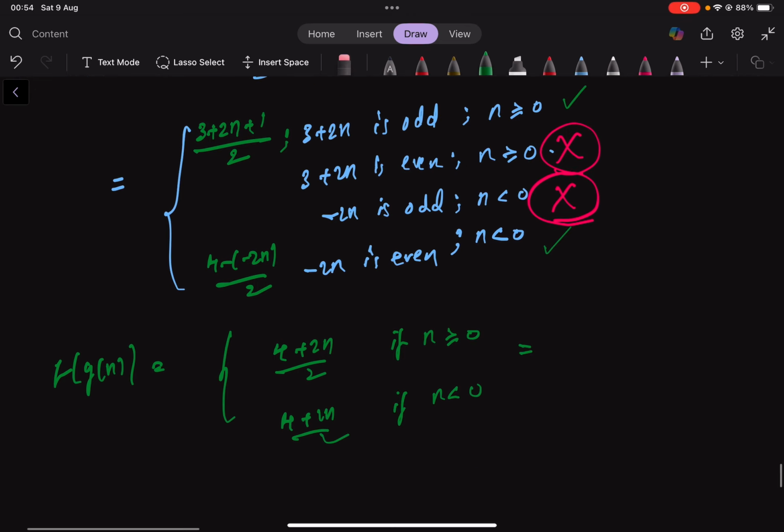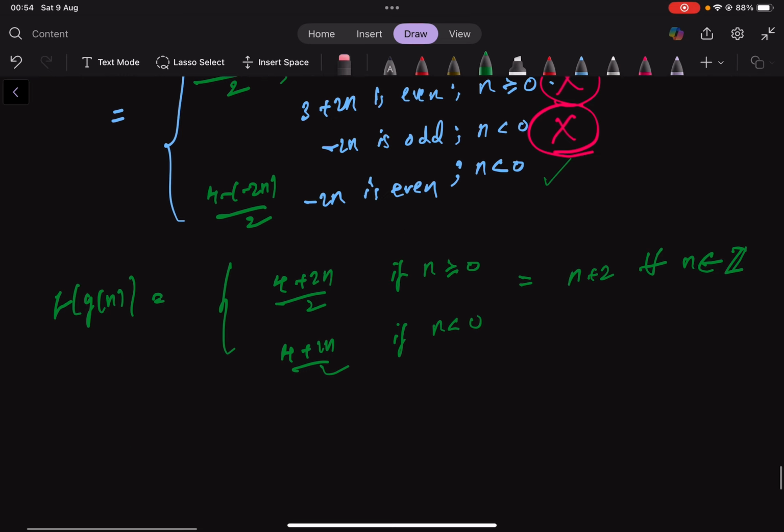So it is just n plus 2 for all n belonging to integers. So f of g of n is n plus 2 for all integers because g takes all integers.